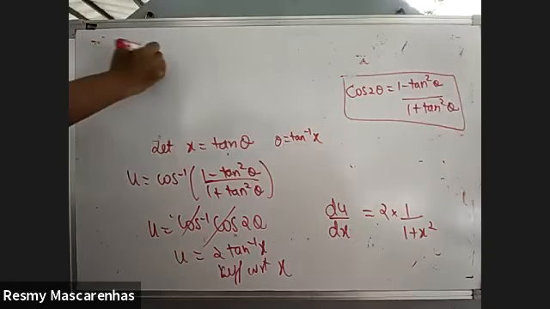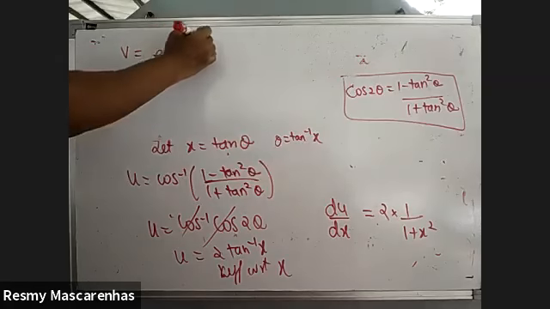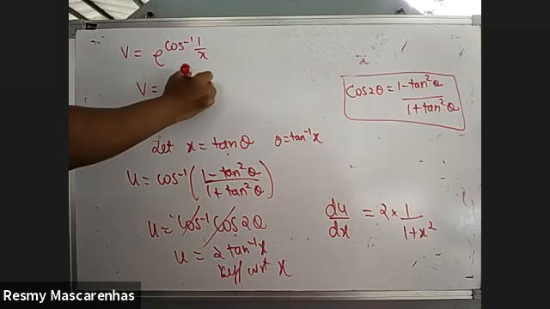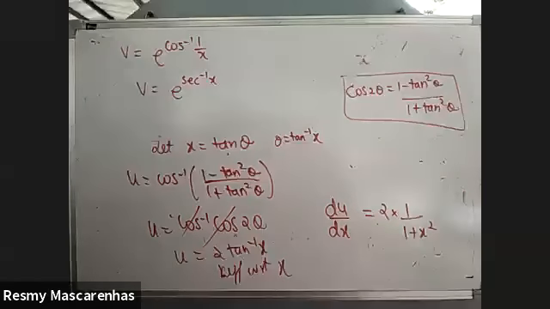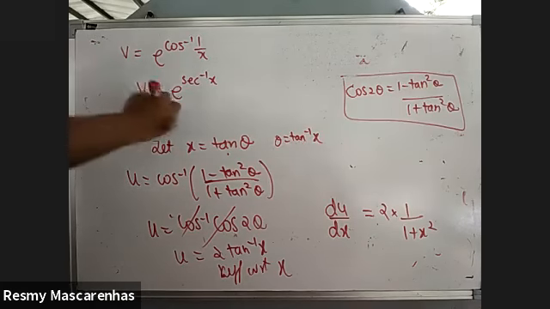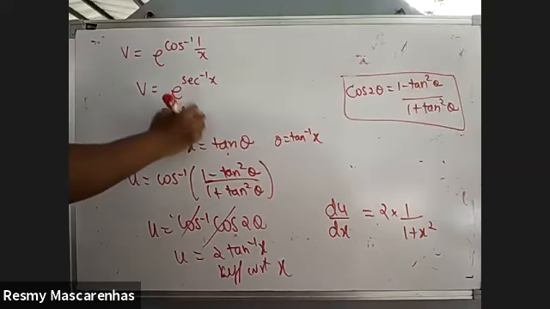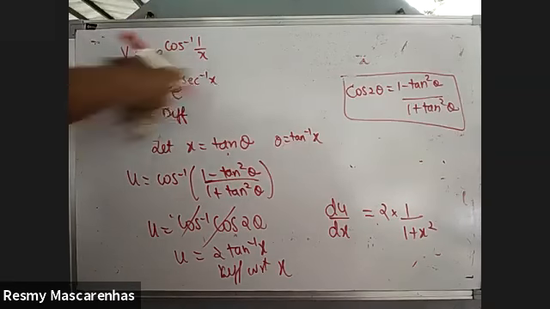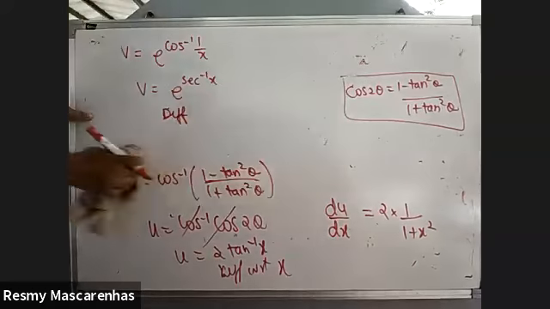So V is e raised to cos inverse of 1 by x. So first simplify it. It will become sec inverse of x. Directly you can differentiate. If you take log also, you will get the same answer. Those who want can try log also, no problem. This is direct, you can solve. E raised to something.